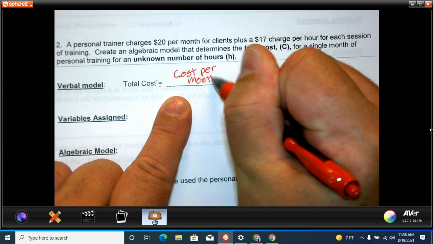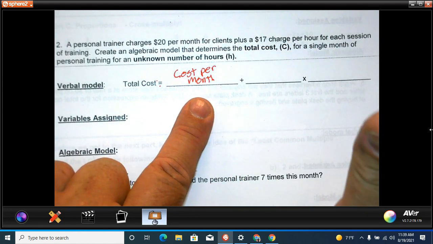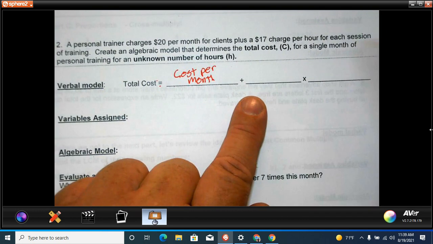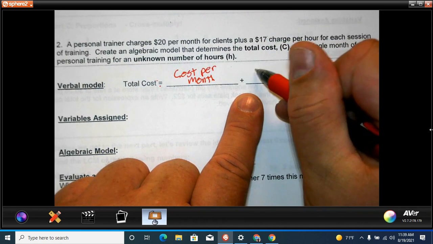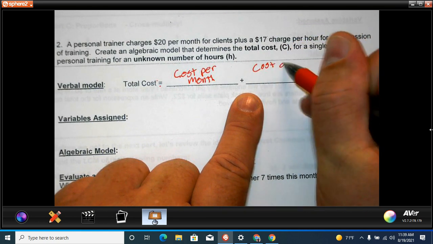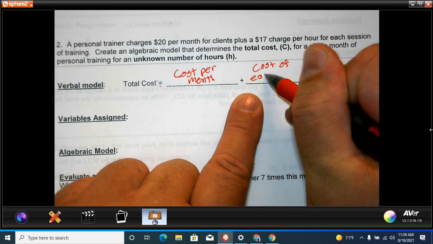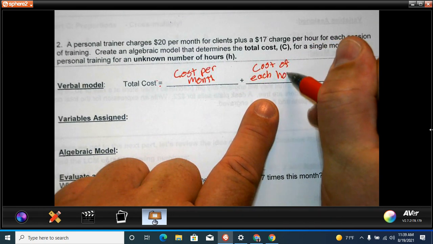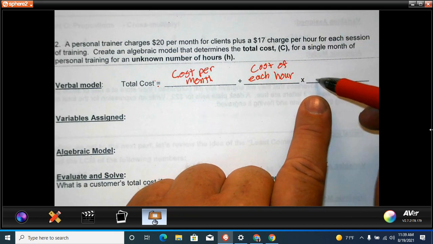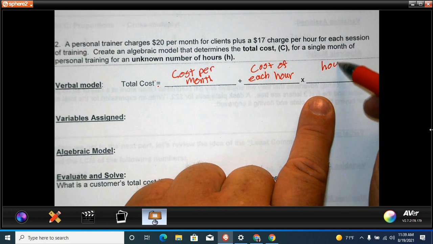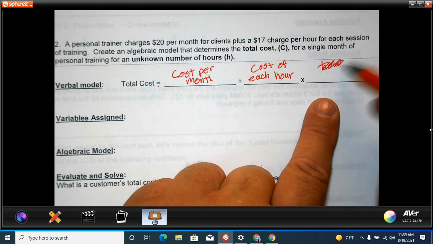Even though it's given, we're just making the verbal model, so we're going to keep it, and then we're going to add to it the $17, so the cost of each hour. And again, that's given. The part that's not given is how many hours, right? So we're going to multiply it by how many hours. Oh, I should just put number of hours.